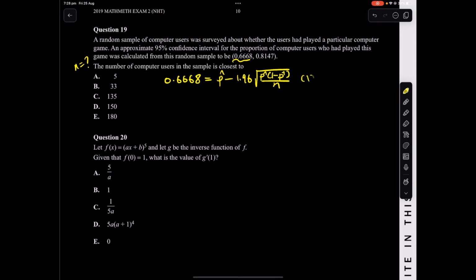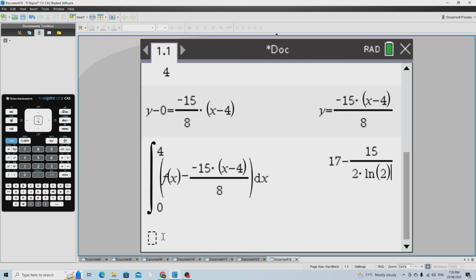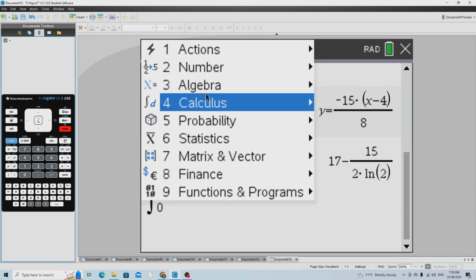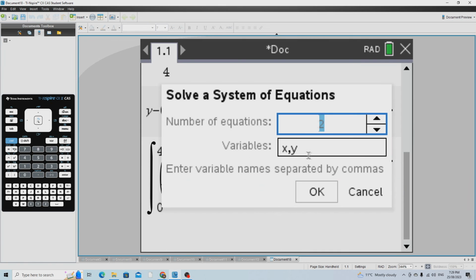So that's your first simultaneous equation, and the other one is p0 plus 1.96 square root p0 times 1 minus p0 over n. That's your second equation. Putting these in your simultaneous equation and solving them should give you the answer. So go on menu, go on algebra, solve systems of equations, and our variables are n and p.